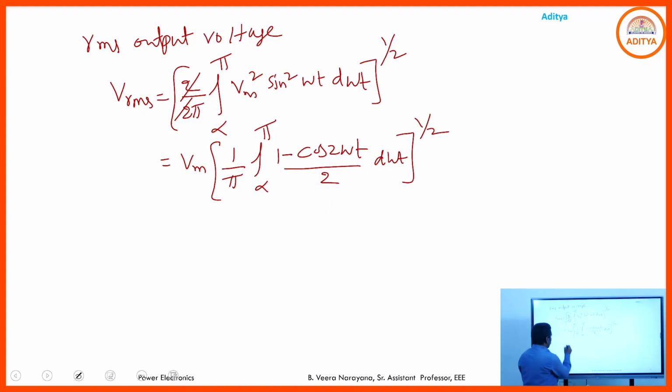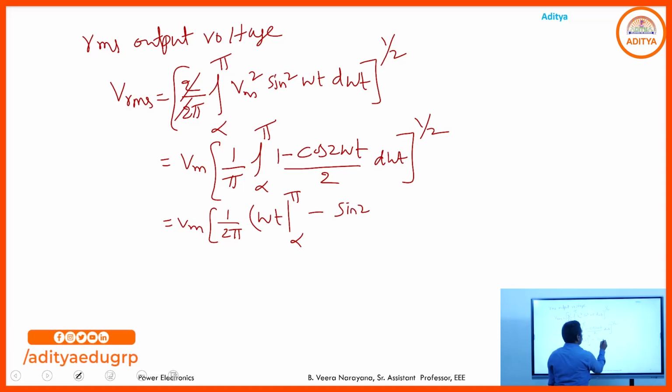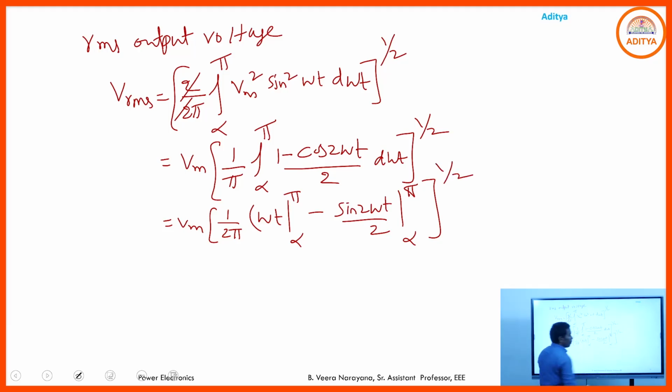So Vm into 1 by 2 pi integral of 1 d omega t between the limits alpha to pi, minus sin 2 omega t by 2 between the limits alpha to pi, whole power 1 by 2.